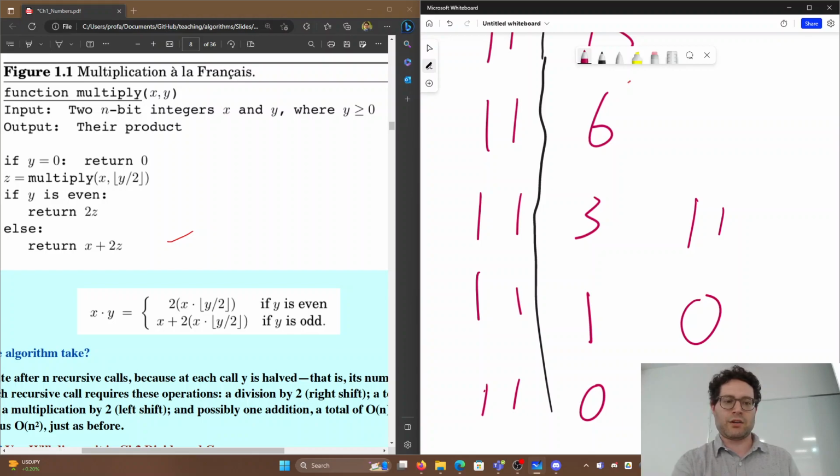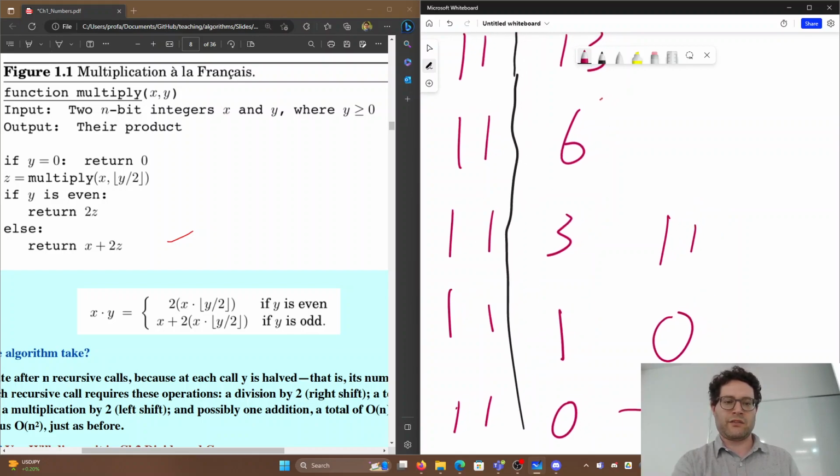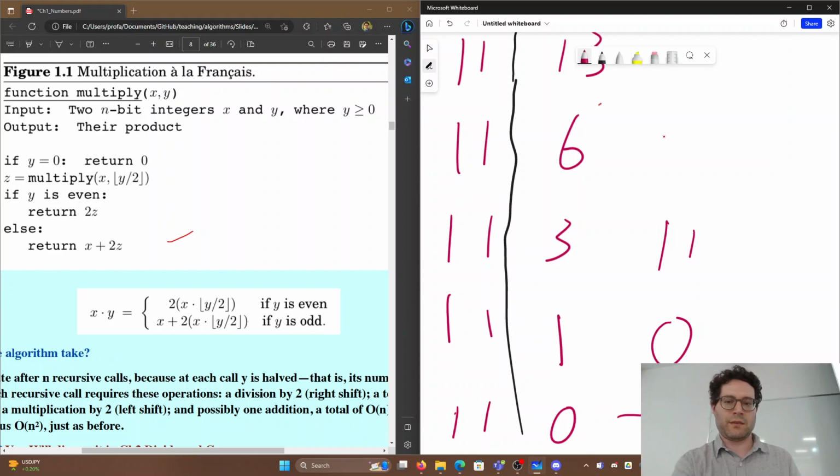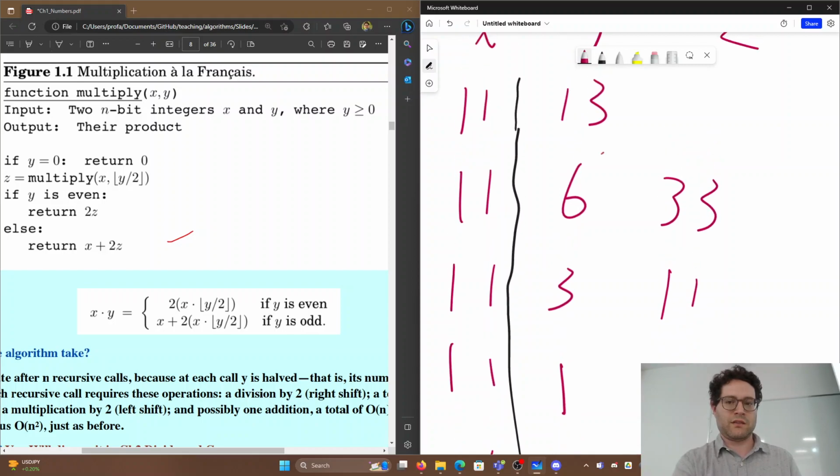No, it is not, so return 11 plus twice z. That'd be 33, right? x, which is 11, plus 2 11s, which is 33. Is y even? Yes, it is. Return 66.